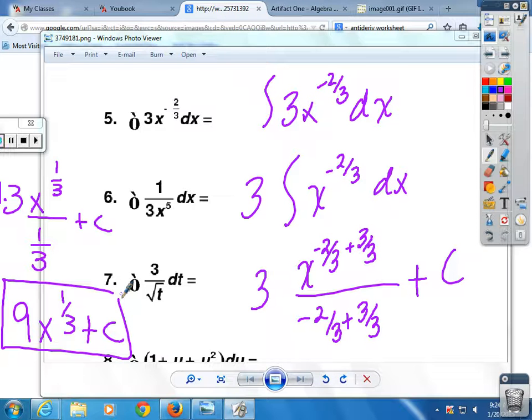Now what's the only calculus in this problem? Right here. There's your only calculus. Actually, that's incorrect. This is your only calculus. The rest of it's what?